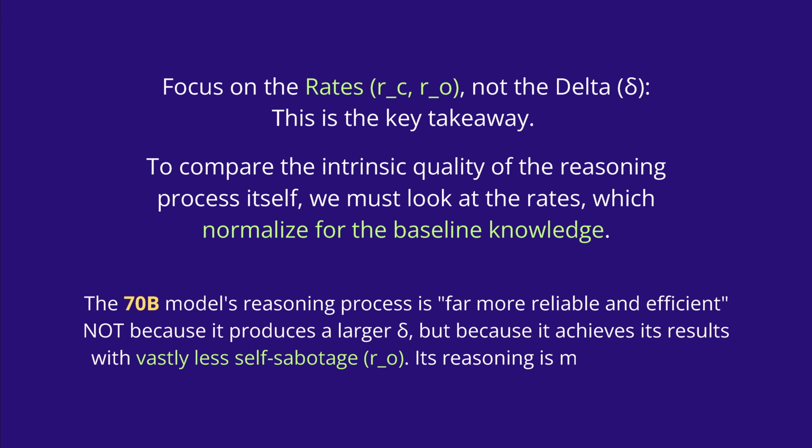Now, I think the 70B model reasoning process is far more reliable or efficient, not because it produces a larger delta, which it does not, as we just saw, but because it achieves its result with vastly less self-sabotage, this ratio of overthinking. It is much less.